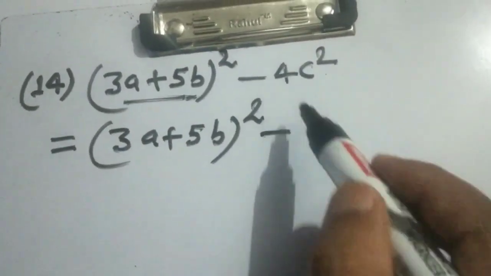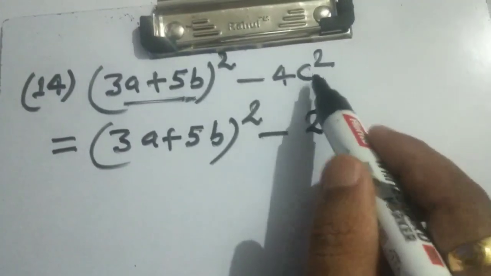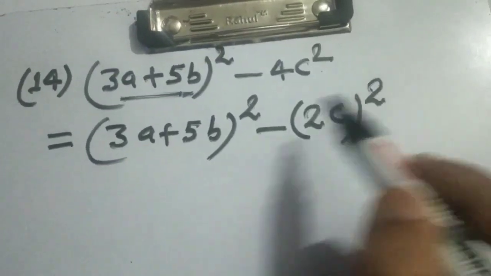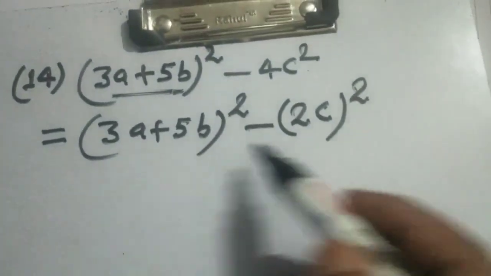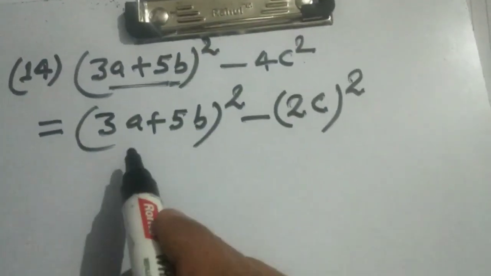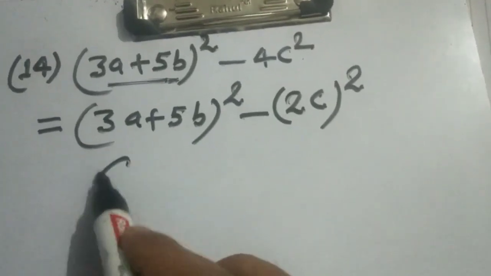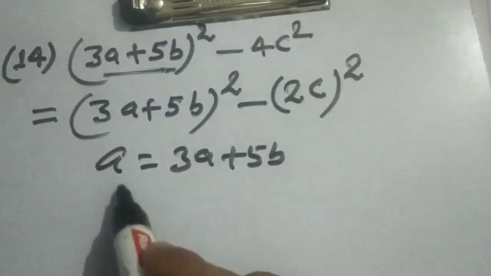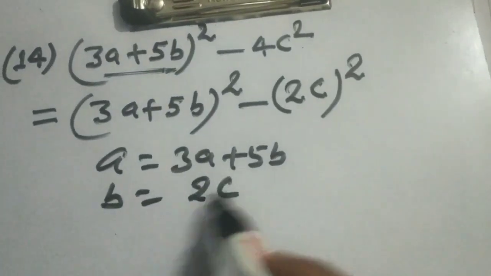And now 4 is the square of 2 and c square is the square of c, so it can be written as 2c the whole square. Now here a is 3a plus 5b and b is 2c.